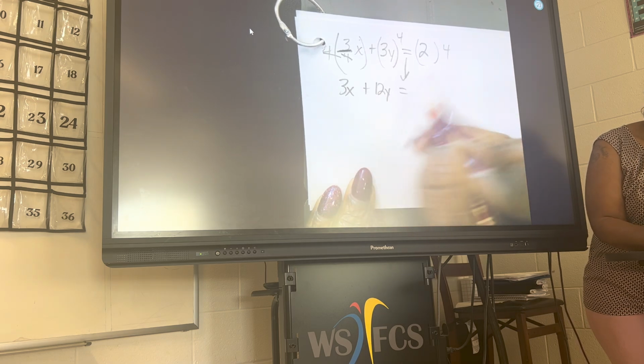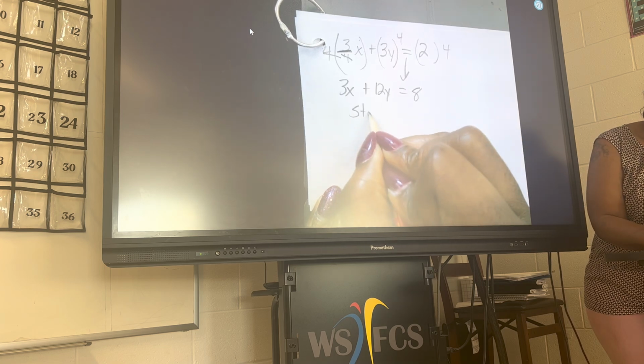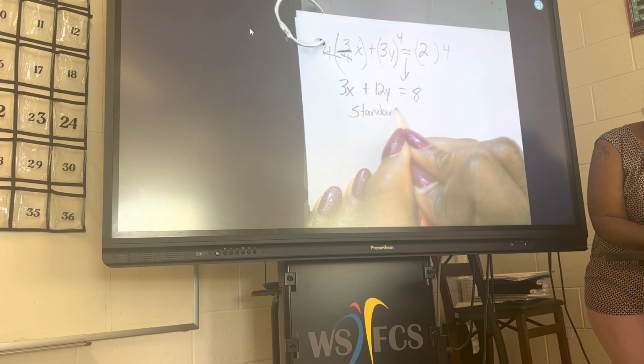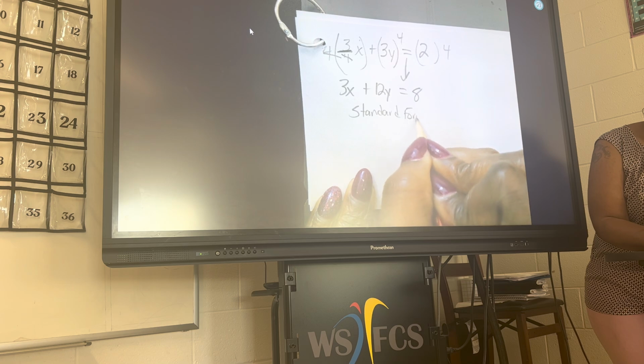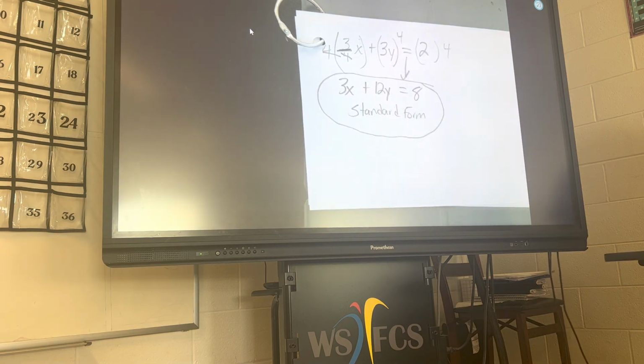Bring down the equal. What do I get here? 8. This is now in standard form. It doesn't matter if the other numbers are fractions or decimals, just A cannot be a fraction or decimal. It just can't. Any questions about that?